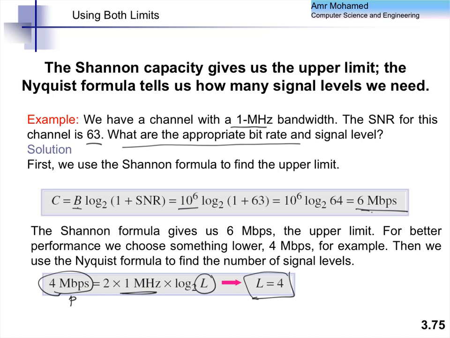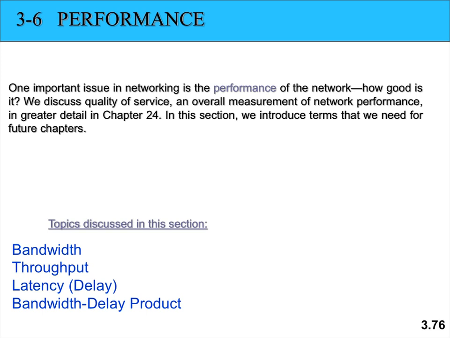So if L equal to 4, 2 times 1 megahertz times 2, which will give us 4 megabits per second, and this is the achievable bit rate that you can get. Okay, understood? So that's how you can combine both the Shannon equation and Nyquist equation.